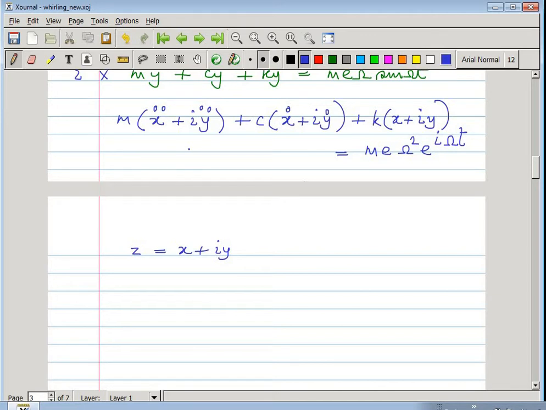So that is the difference here. So m z double dot plus c z dot plus k z equal to m e omega square e to the power i omega t.